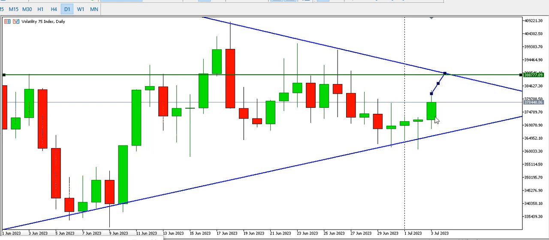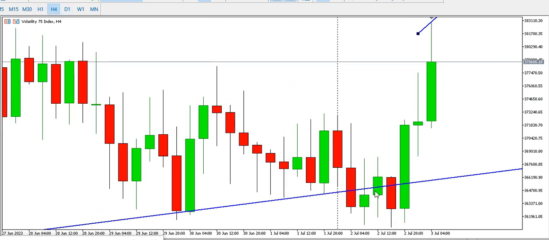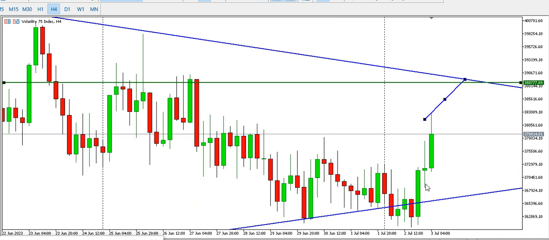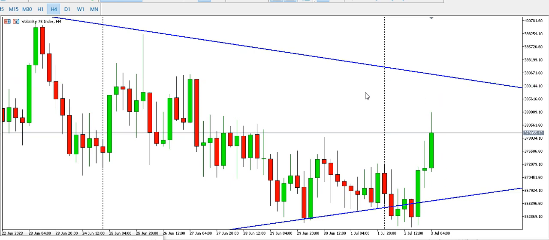Price has been rising. We are currently experiencing a retracement. Price is likely to continue to rise up to a 388000 level. On the 4-hour time frame, we still have the range in progress, but for now V75 is bullish. You might want to look into buying volatility 75 index.